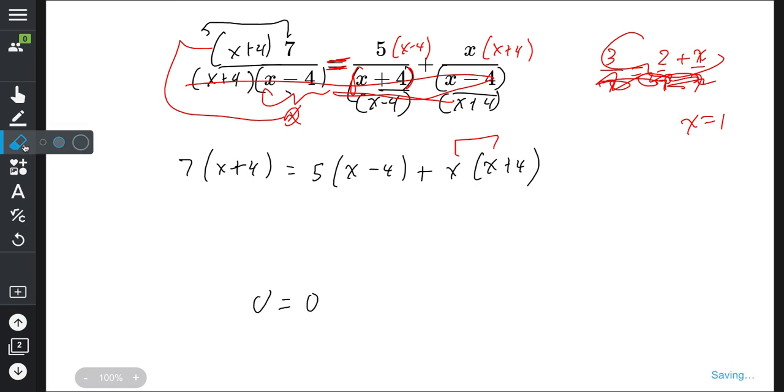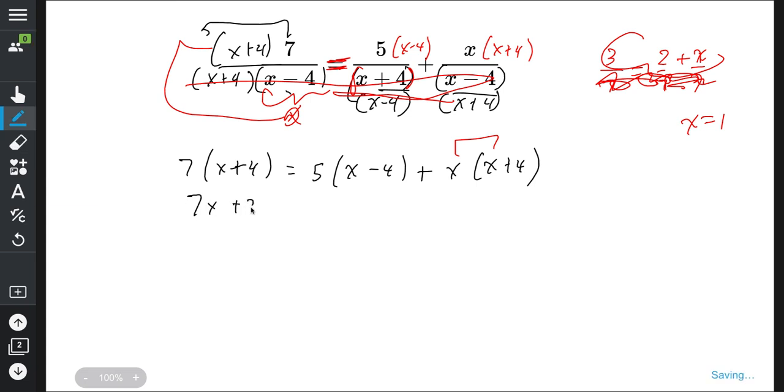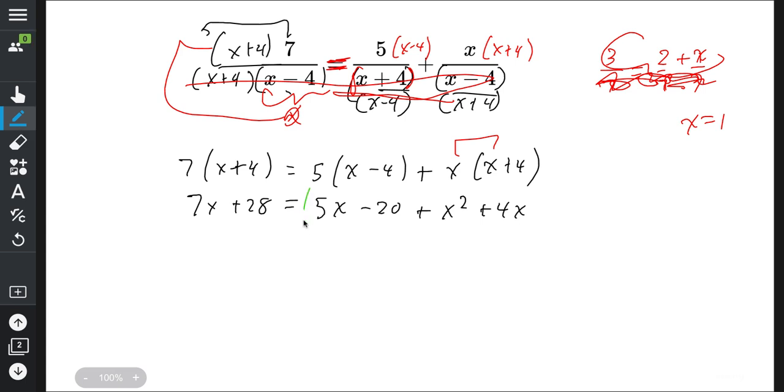I don't know which side it's going to be. But let's multiply all this through. X, there's our x squared. You know what? Well, before we move, we should combine like terms. That'll make things a little bit cleaner.